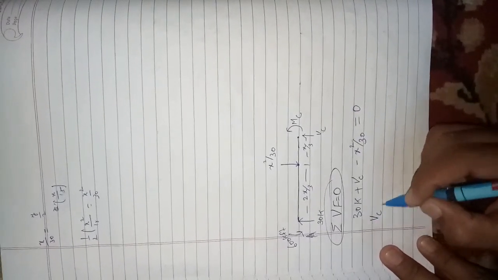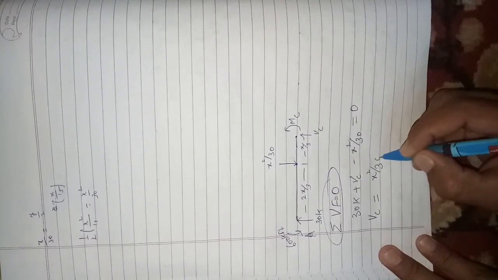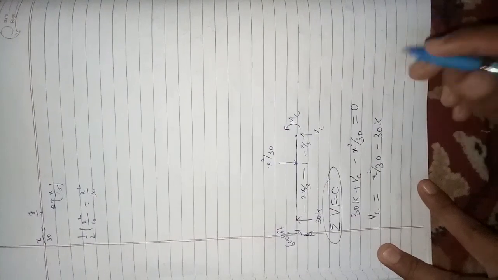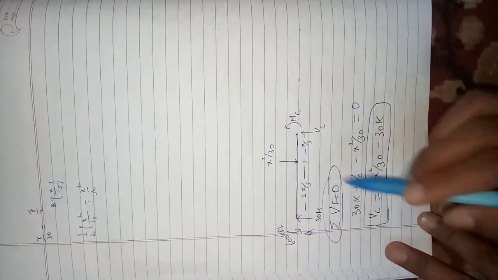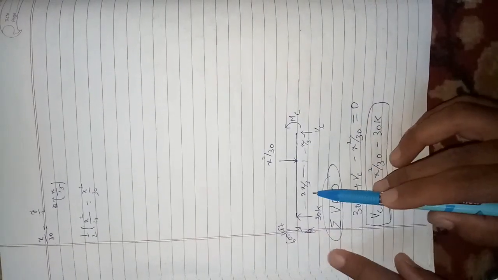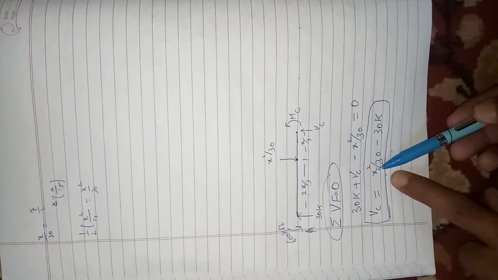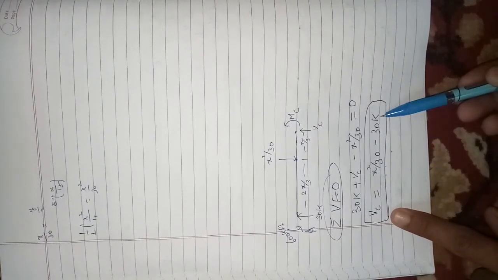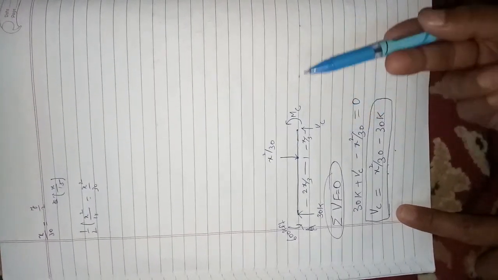So VC equals x square by 30 minus 30k. This is our support reaction VC as a function of x at a distance of x from support A. If you put values, let me put x as 1, 2 or 3, this VC will come out negative. It means our assumed direction is wrong, so we can change.